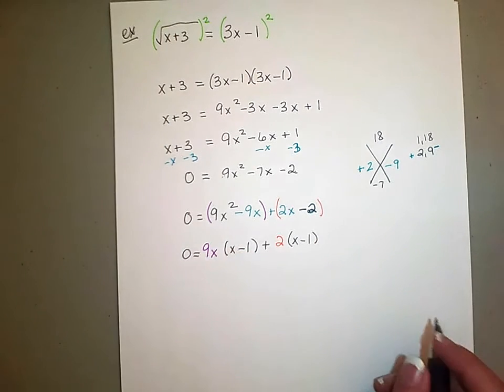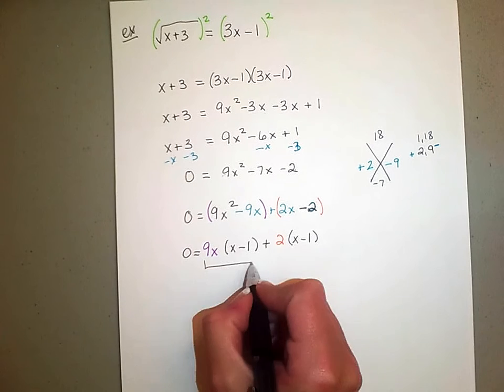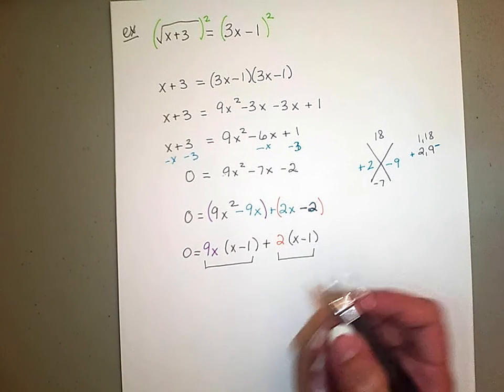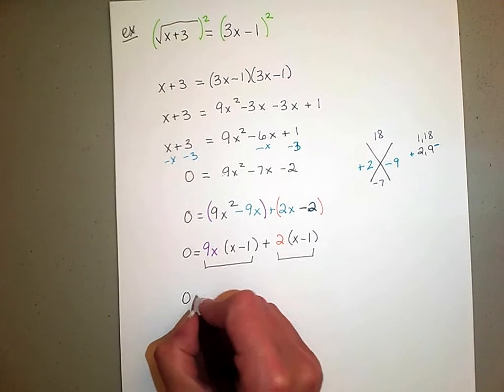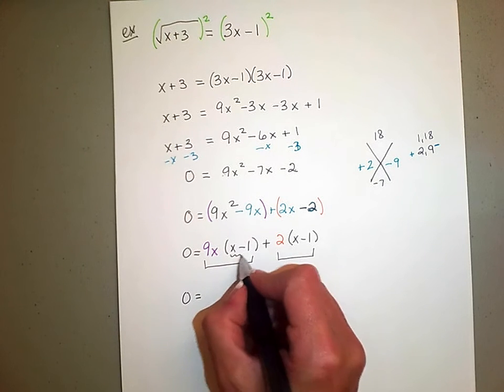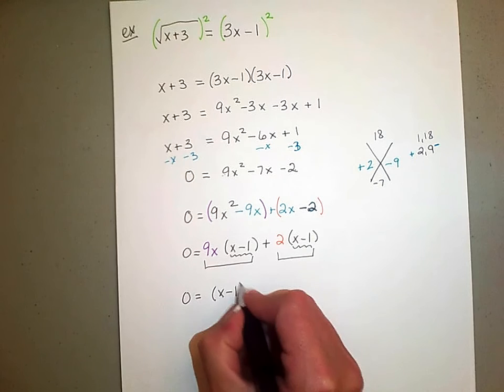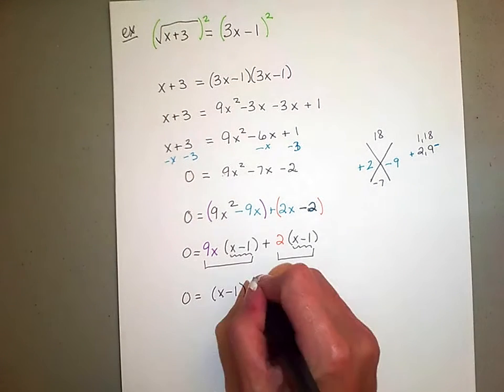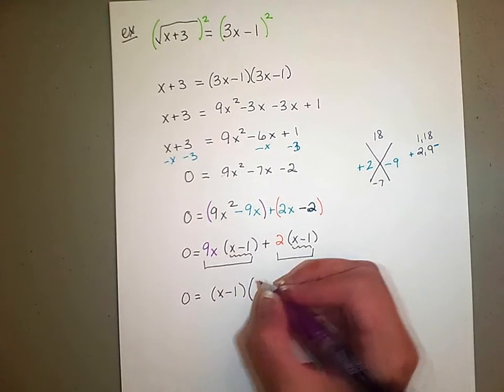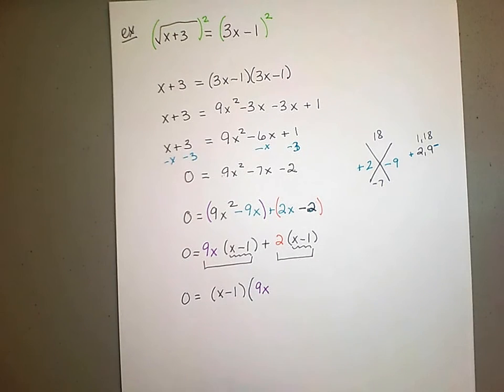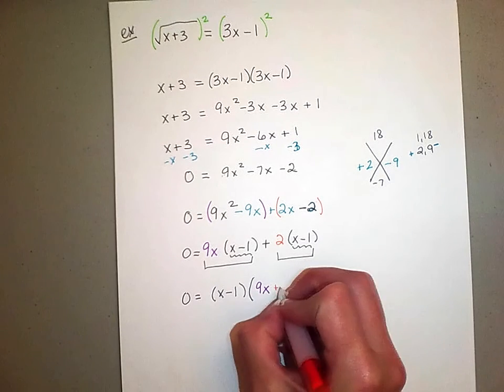This is still equal to 0. Then again, here's our first term and here's our second term. So we can factor out this x minus 1, which is the greatest common factor between those terms. In the first, I'm left with 9x, and in the second, with 2.